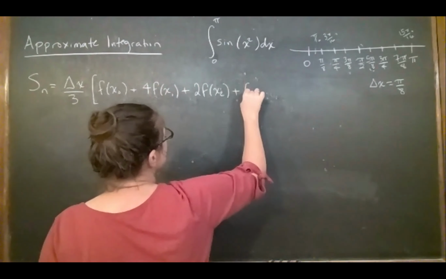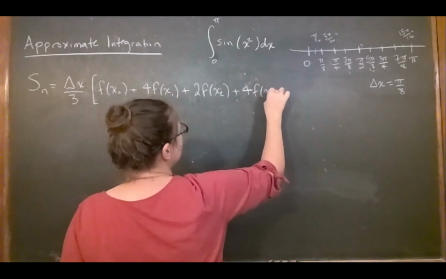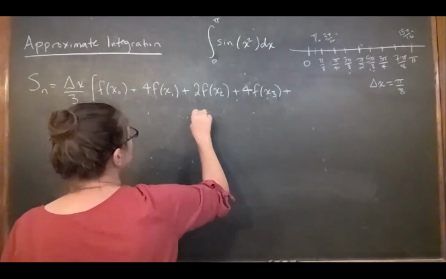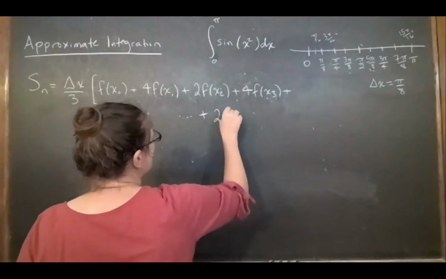And now in the middle, it's always going to be 4, 2, 4, 2, plus dot, dot, dot, plus until you get to the last ones, 4f of x(n minus 1) plus f of xn. So on the inside, it's going to go 4, 2, 4, 2, and end with the 4.